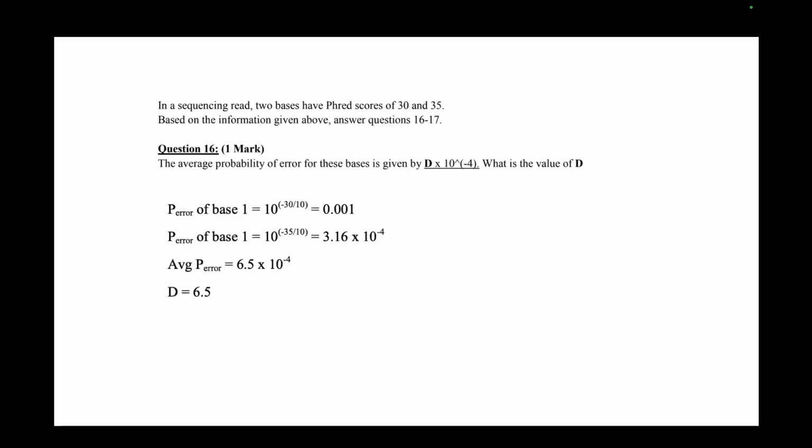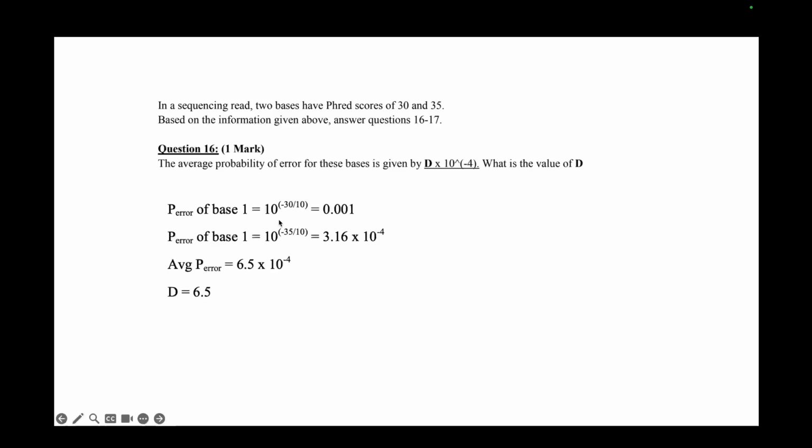Okay, so you have to put in the formula. If you are calculating the error of the base, it's 10 to the power of minus the Phred score divided by 10. The minus is there because when doing the Phred score you're taking a negative.